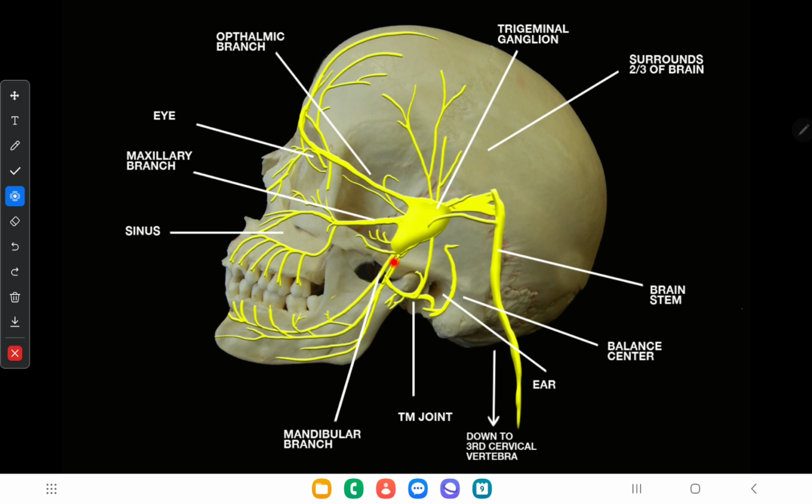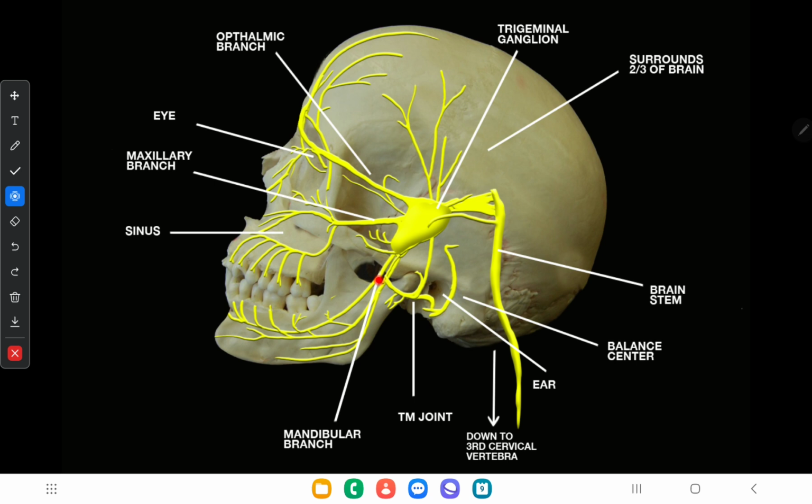The sensory root arises from the trigeminal ganglion, and the motor root originates from the motor nucleus in the pons and passes deep to the trigeminal ganglion to join the sensory root at or just below the foramen ovale to form a short trunk of the mandibular nerve. Then it leaves the cranium through the foramen ovale to enter into the infratemporal fossa.